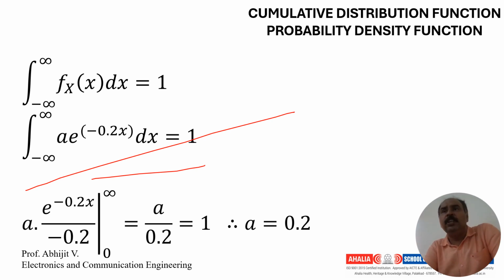So on solving this integral, we get a e raised to minus 0.2x by minus 0.2 between 0 and infinity.